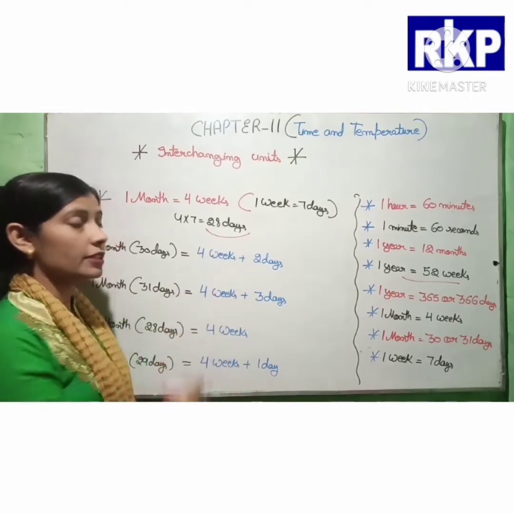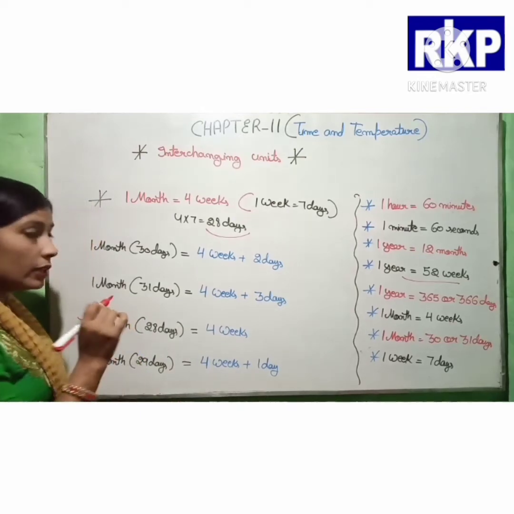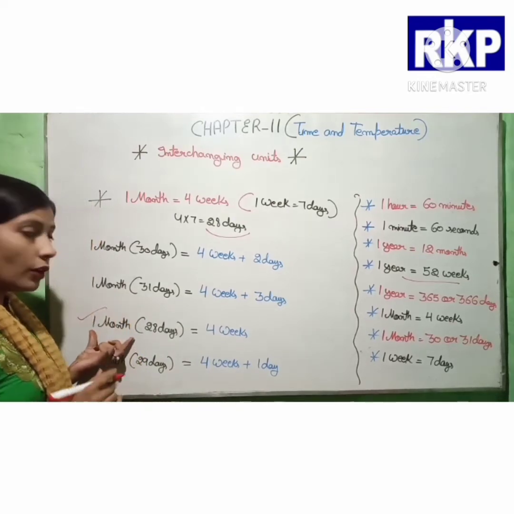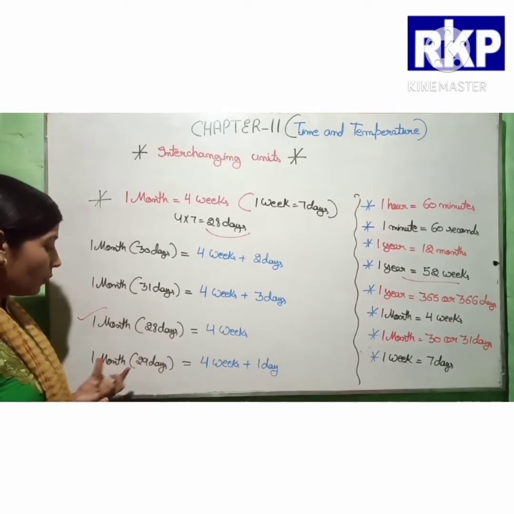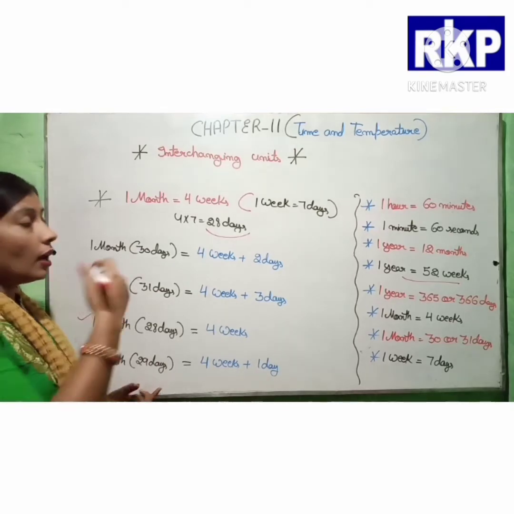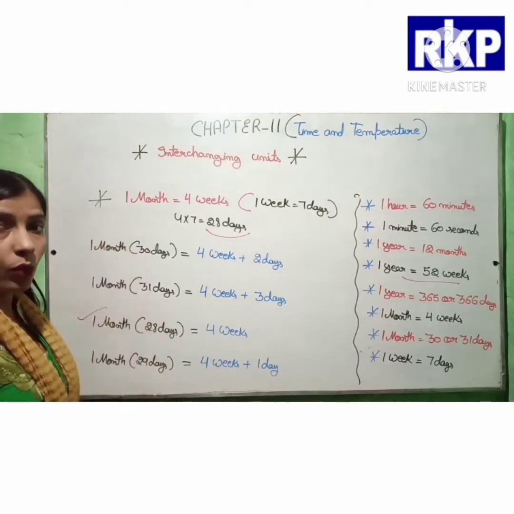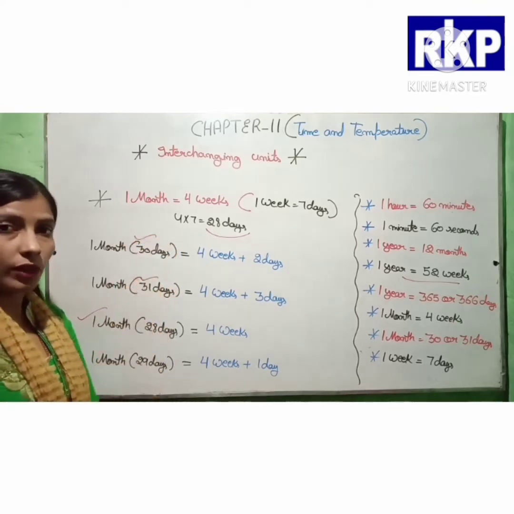But it's not right. Because only in an ordinary year February has 28 days, and in a leap year February has 29 days, and all our other months have 30 or 31 days.